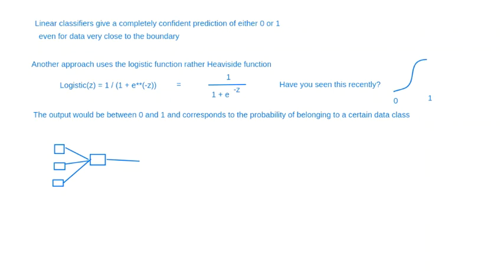Okay, so when we talk about a perceptron that uses the Heaviside function, the term that gets used in the other case is a sigmoid perceptron.